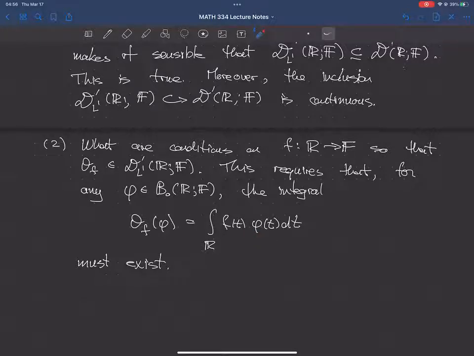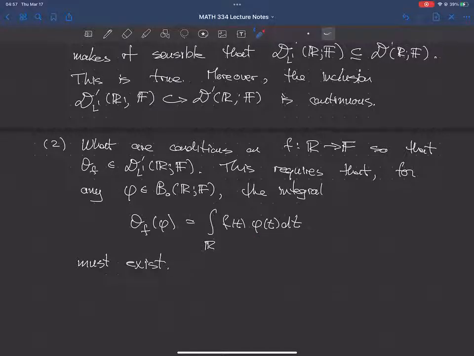And I don't necessarily know how fast it goes to 0 at infinity, but it goes to 0 at infinity. Now, if I'm going to take any phi and I want to make sure that f, when I pair it with phi, has an integral, really the only thing that's useful about phi, because its decay at infinity may be quite slow, is that it's bounded.